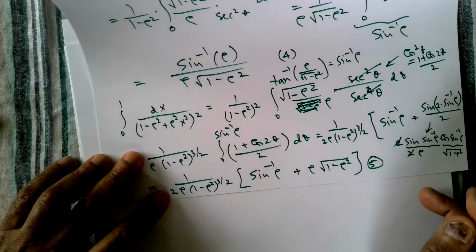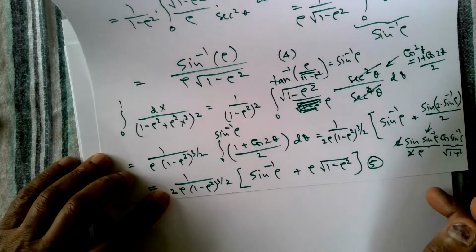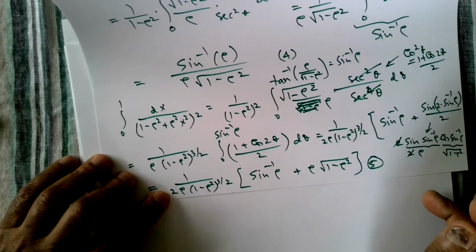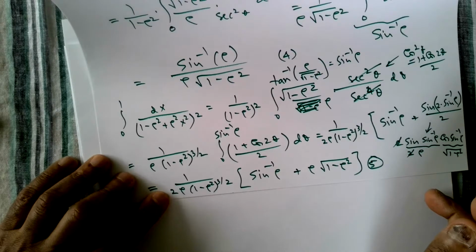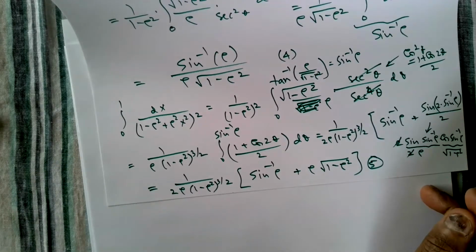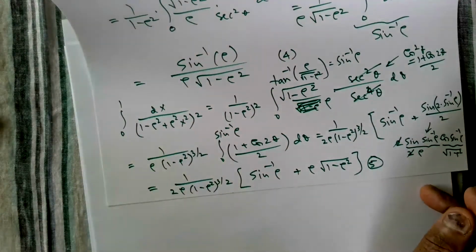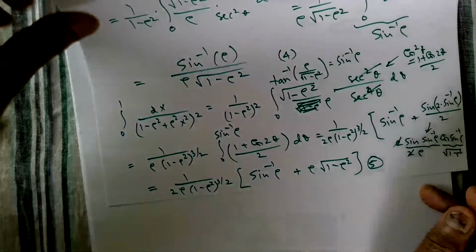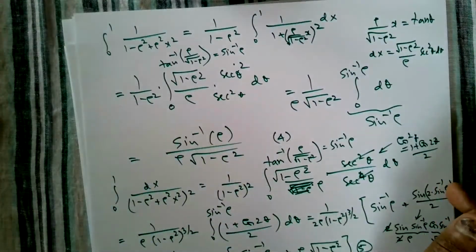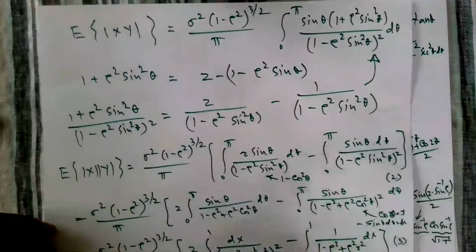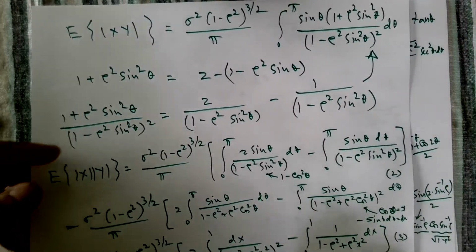So I'm going to substitute 4 and 5 into 3. So let's go to 3. 3 was, you have these two integrals.